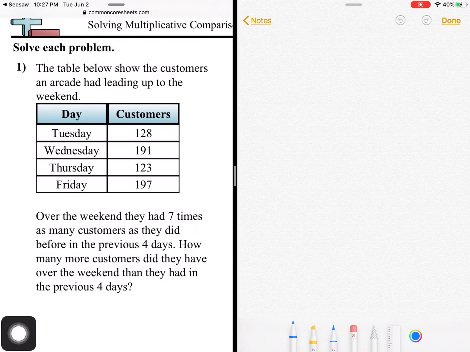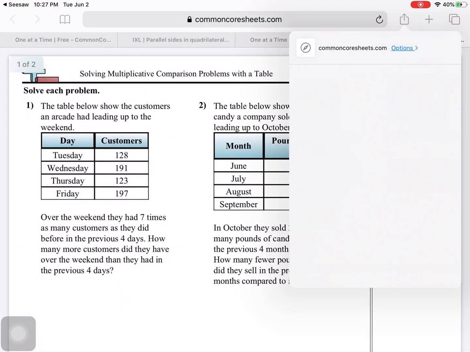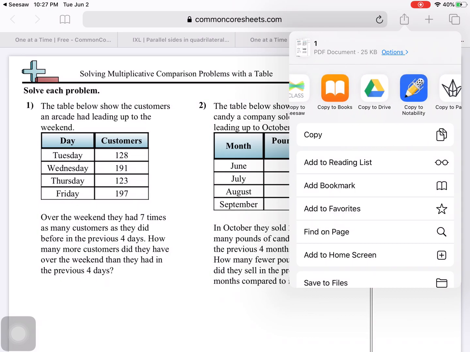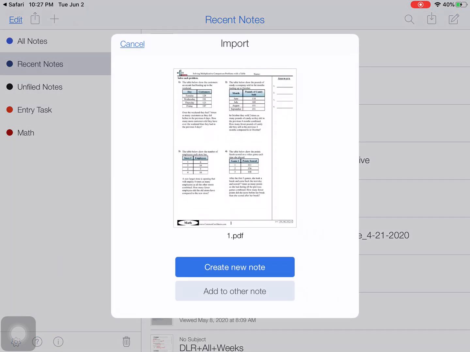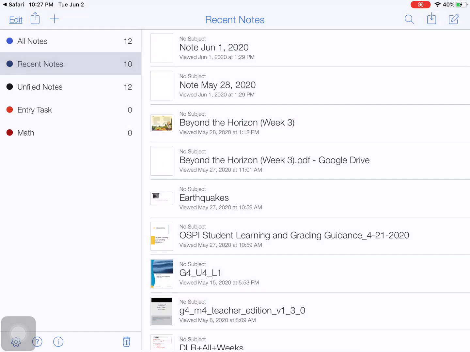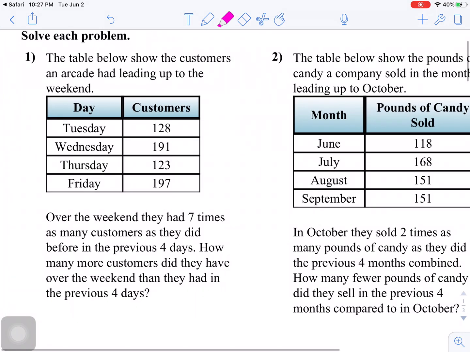Let's think about this. I'm going to send this to Notability so that I can write on it. I'm going to highlight: over the weekend, they had 7 times as many customers as they did in the previous 4 days.